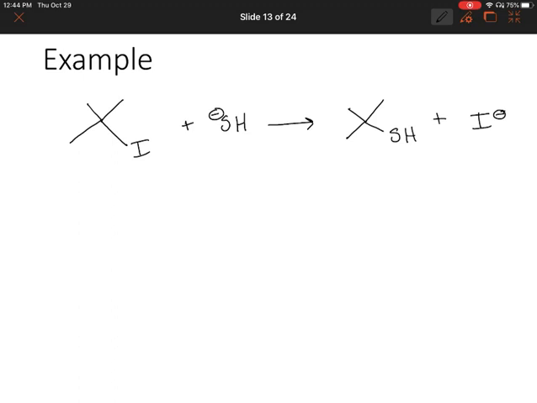How would we name that first reactant on the left? So what is the longest carbon chain? I'm counting 1, 2, 3. That's our longest carbon chain, so this would be propane. And then we have two substituents. We have a methyl group and iodine.